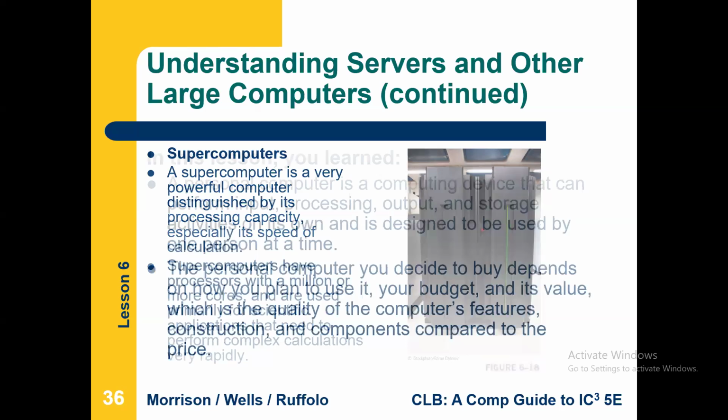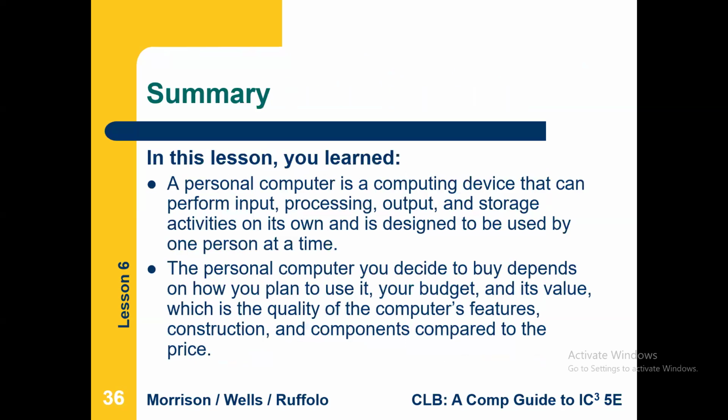Most supercomputers are used by large scientific organizations that require a lot of calculations, and these calculations need to be given in just a fraction of time. So they need these large computers known as supercomputers. So this is how our various types of computers are.